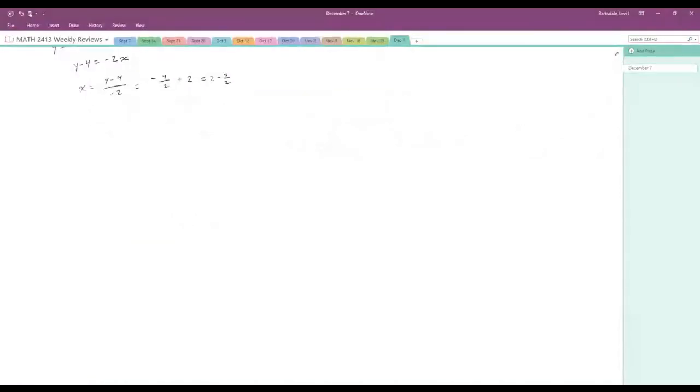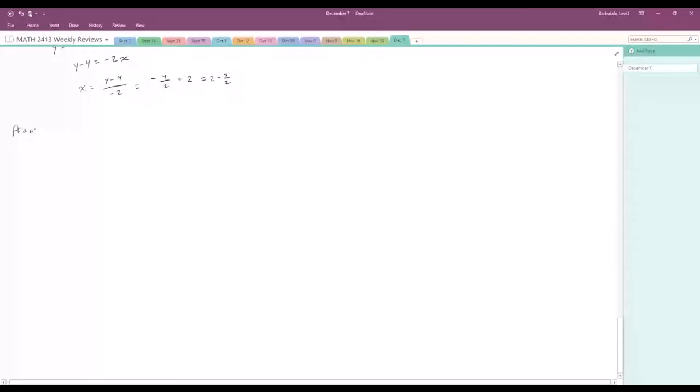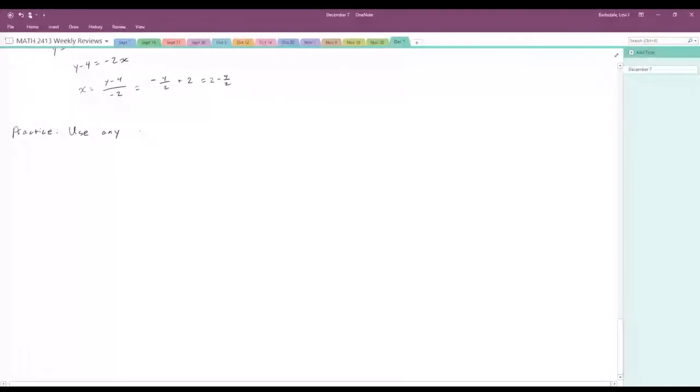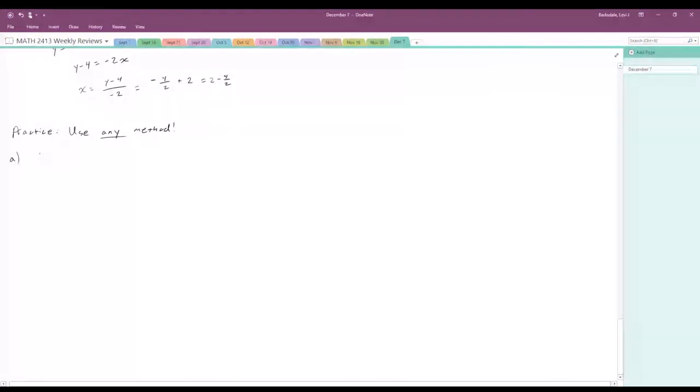In that case, it's time for another practice problem. In this case, you get to use any method. I'm going to underline that and put an exclamation point for fun. And in this one, I'm actually going to draw out the graph for you.